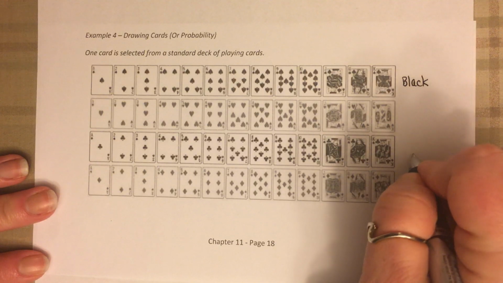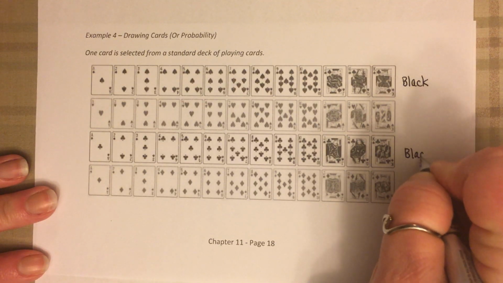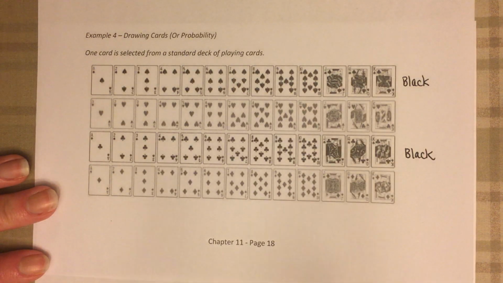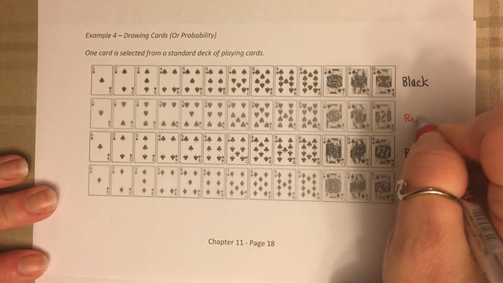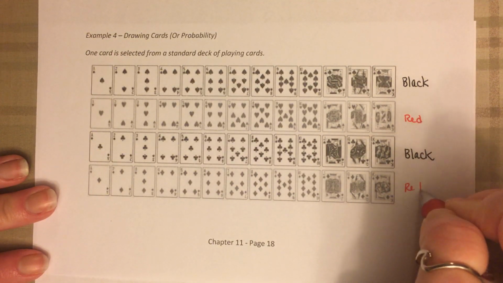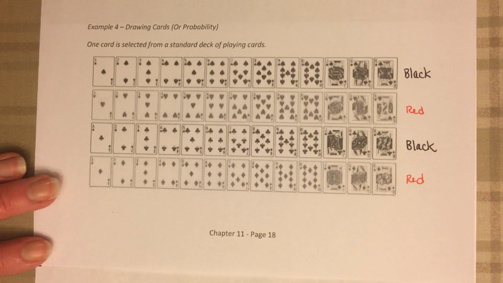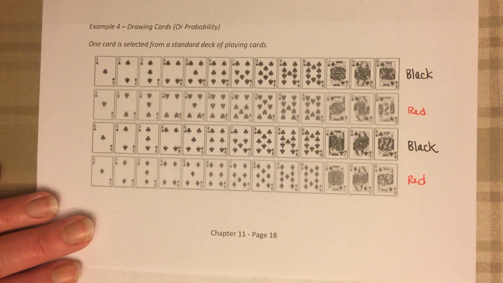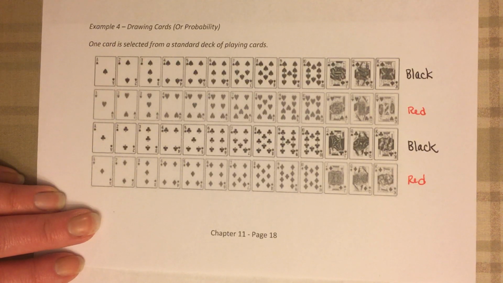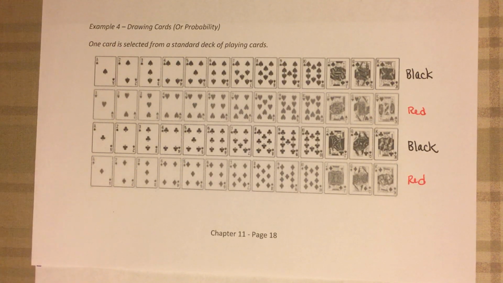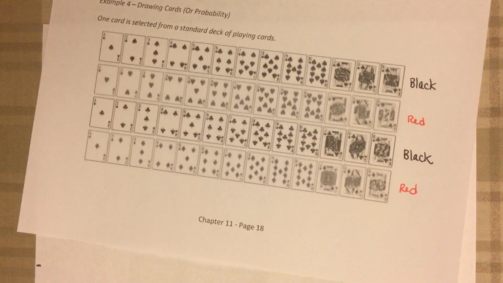And then the third row, our clubs, are also our black cards. And then our hearts and our diamonds are the red cards that we have. We're going to refer back to this deck of cards as we're going through the next few examples.